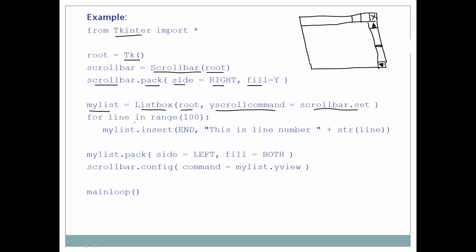Okay, then we have here a for loop: for line in range 100. As you know about the range function, this range function will create numbers from 0 to 99, because range 100 simply means 0 to 99, and every time the loop executes, line will have one value beginning with 0.